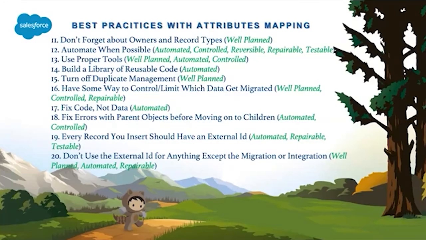Either you handle your duplicate management at the staging level itself as part of the transformation layer, doing a staging cleanup before you migrate the data onto the target org. Or otherwise, you can perform the duplicate management via a utility like DupeCatcher or a similar tool in place on the target org.